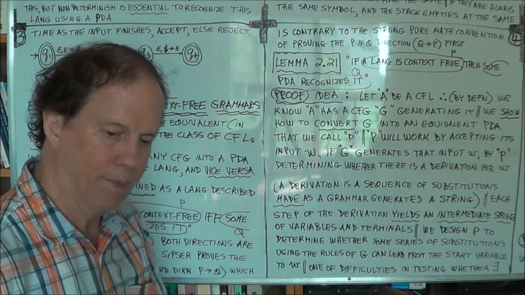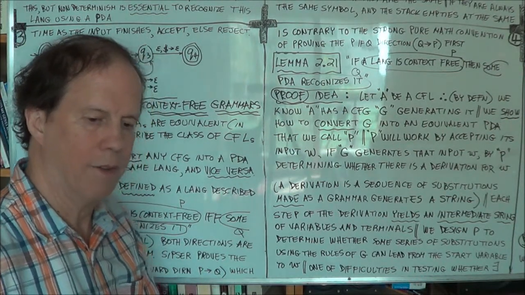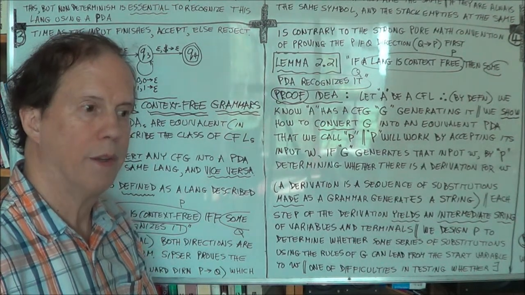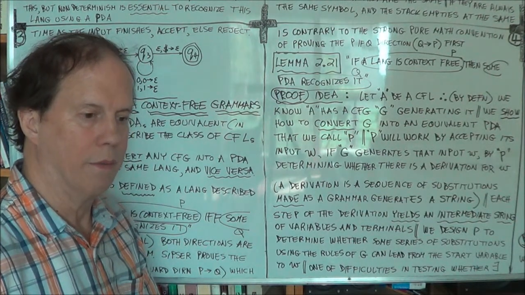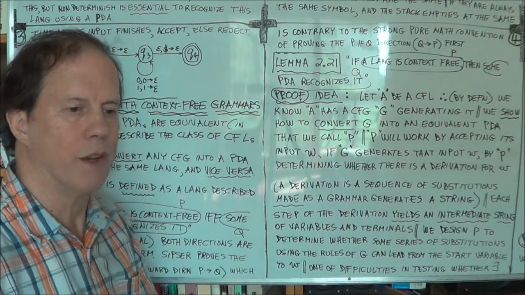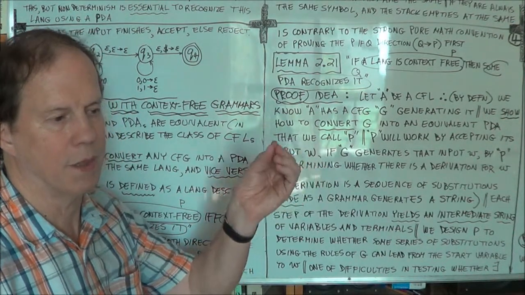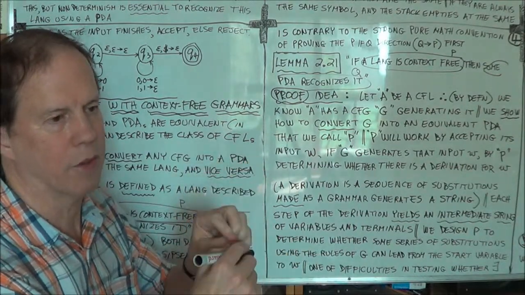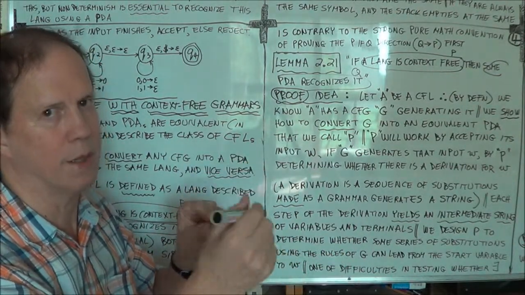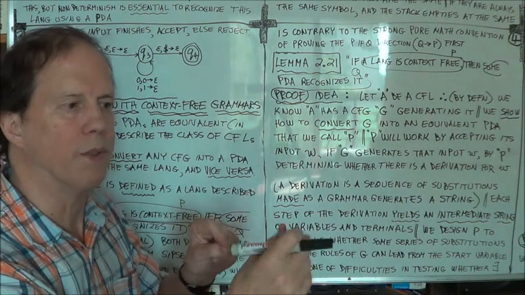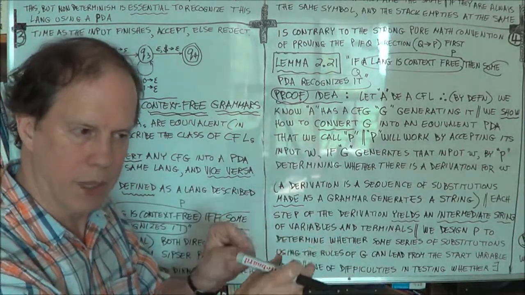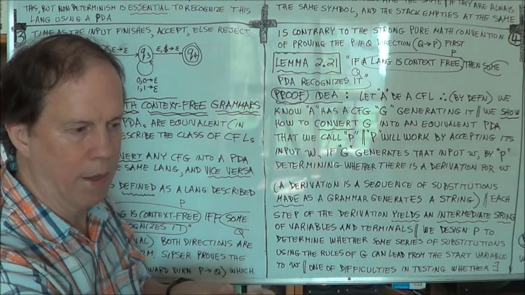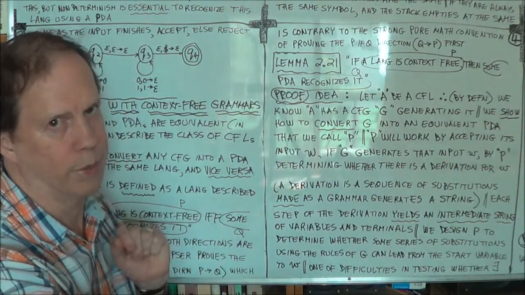You just get the PDA to behave the way a grammar generates a string. It derives the string. So it starts with the start symbol. It goes through a whole series of steps of creating an intermediate string by substituting variables for the right-hand side of the rules that match the variable, until eventually you get a string that's all terminals.